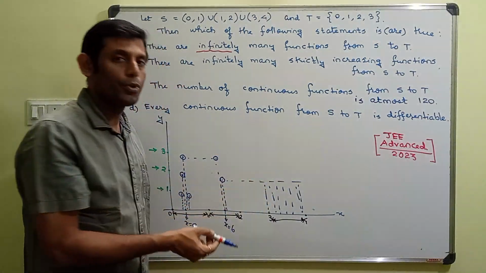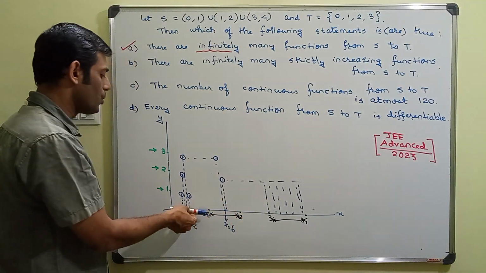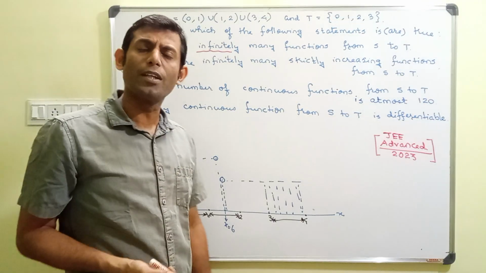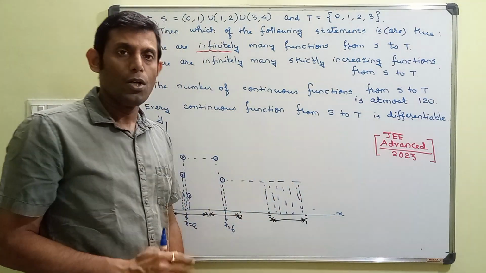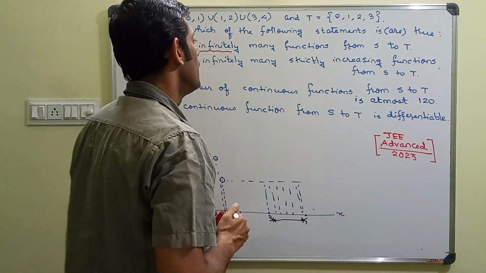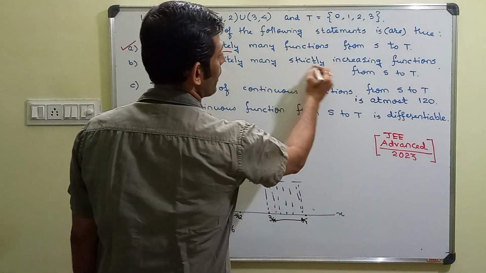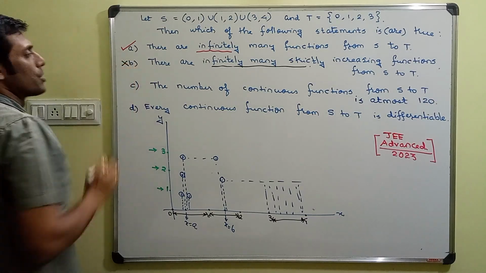That is, the output can stay limited to a constant value of either 0 or 1 or 2 or 3. There can be other possibilities where the function values can decrease. So not all of them are going to be strictly increasing. So infinitely many strictly increasing functions is simply not going to happen. This is not possible.